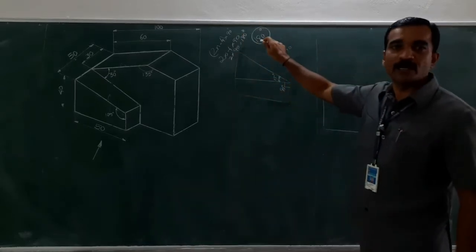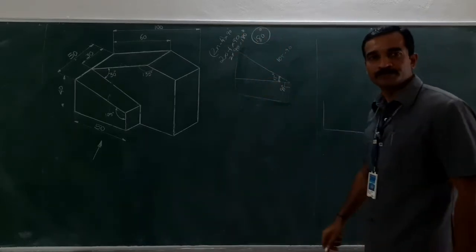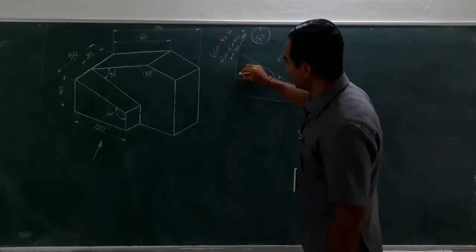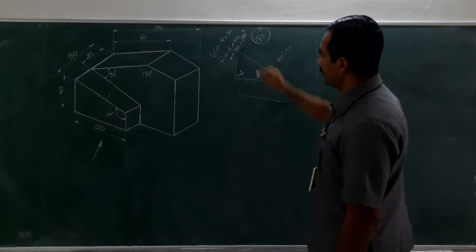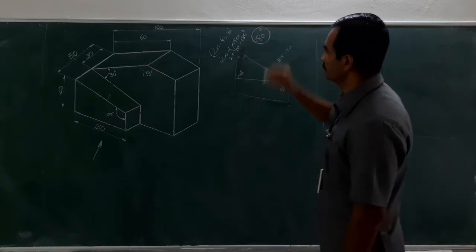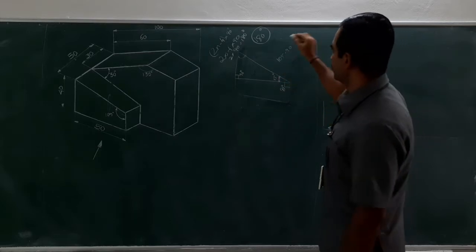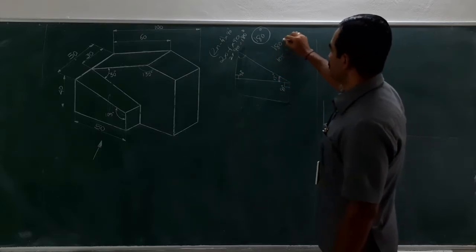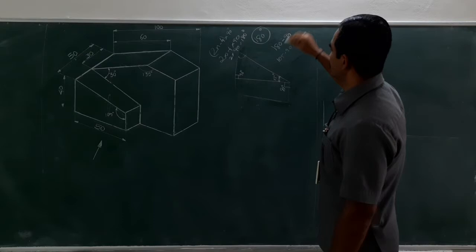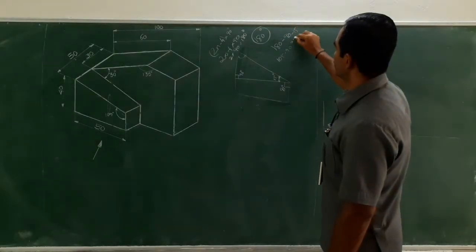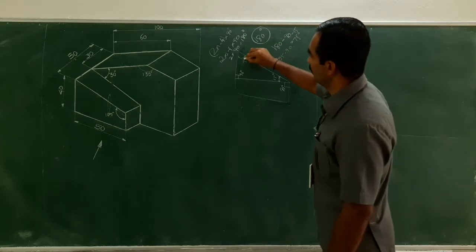That is how I got 180 degree here. Right. If this is 15, this is 90 degree, and what about this portion? The total angle for the triangle is 180. Therefore, 180 minus 90 minus 15 equals 75 degree. Therefore, this could be 75 degree.